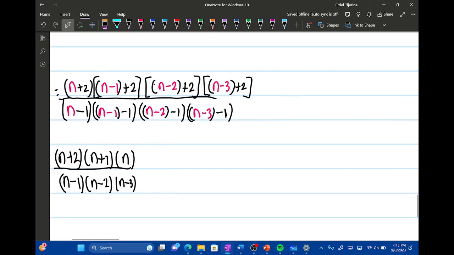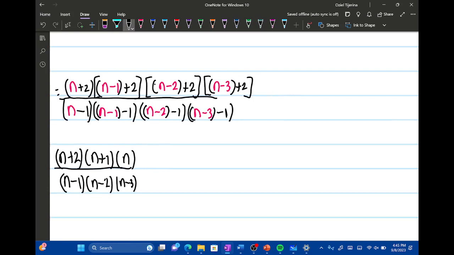So it's going to be n plus 2 times n plus 1, and then n, and then n minus 1.